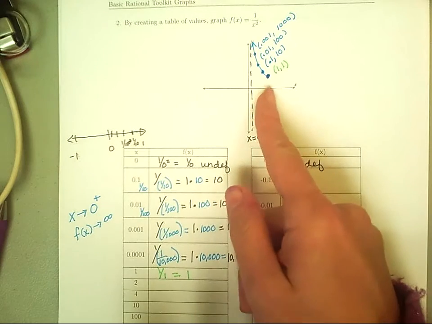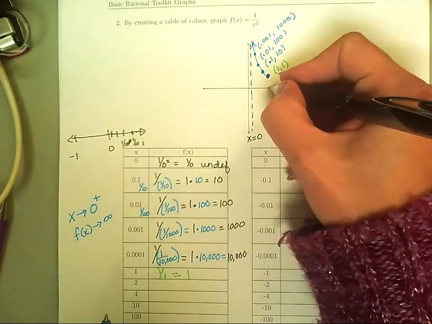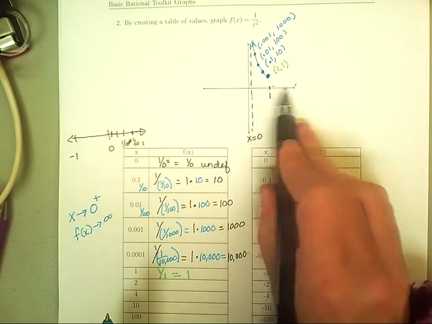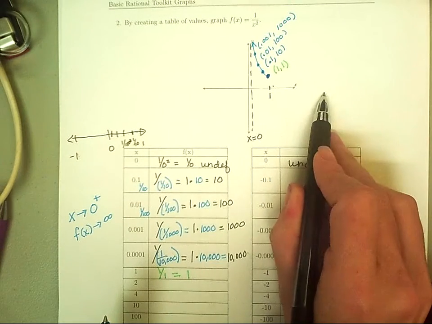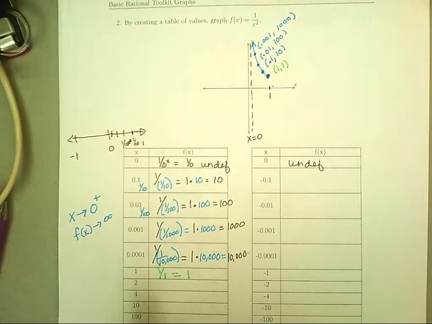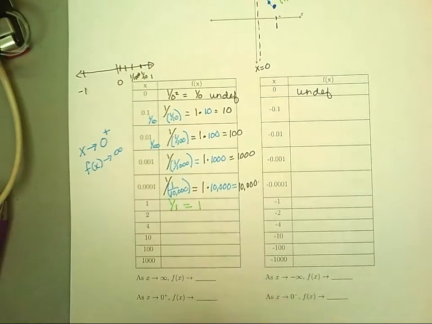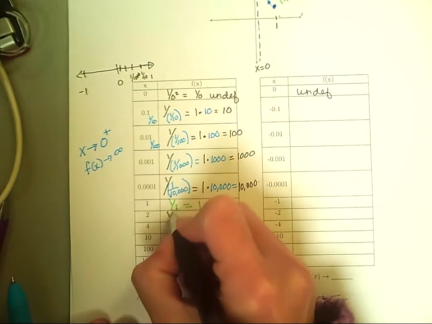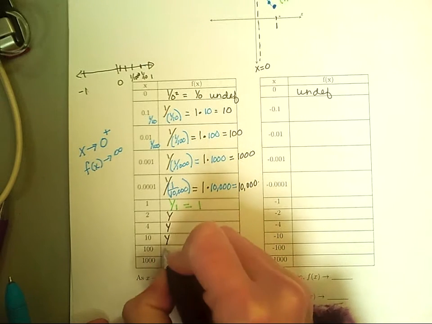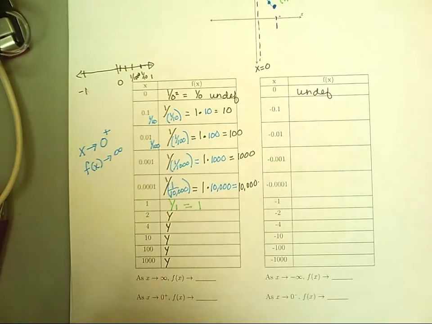Now this is number 1 here. Let's see what happens as we take x off to infinity, and what's happening on this portion of the graph. To do that, I've put in a few values here. All of these are going to be 1 over the square.